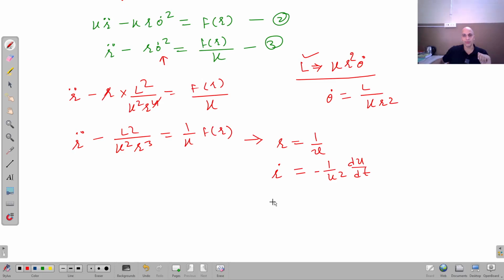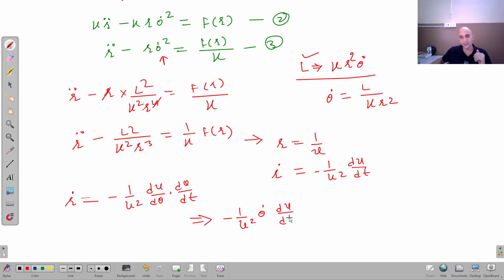I can write it as r dash is equal to minus 1 upon u square du upon d theta into d theta upon dt. So d theta upon dt simply becomes theta dash, theta dot we can say. So it becomes minus 1 upon u square theta dash du upon d theta.